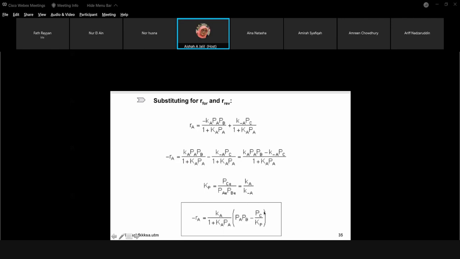You just think about this in the bracket. So all this one becomes PAPB equal PC over KP, okay? Because all become 0. That's why you can see KP equal PC over PAPB, something like that. Which this is for forward one, this is for the reverse one.